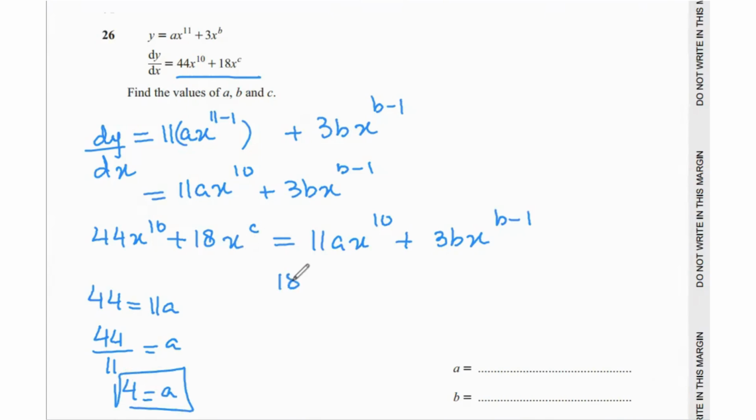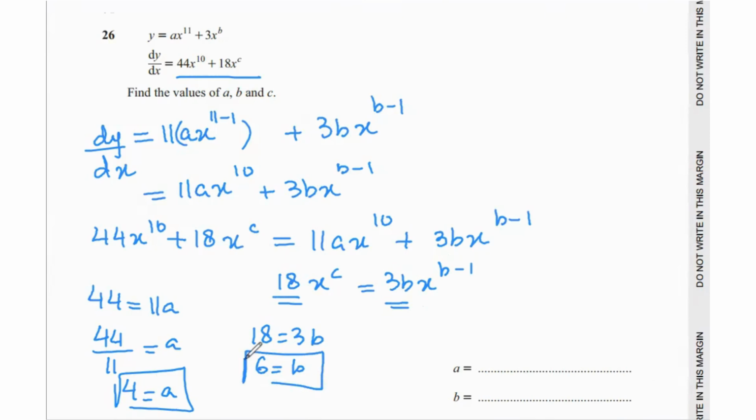Then 18x to the power of c equals 3b x to the power of b minus 1. 18 equals 3b, which means 6 is b. If 6 is b, that means c equals b minus 1, 6 minus 1, so c is 5. That's the value of a, b, and c.